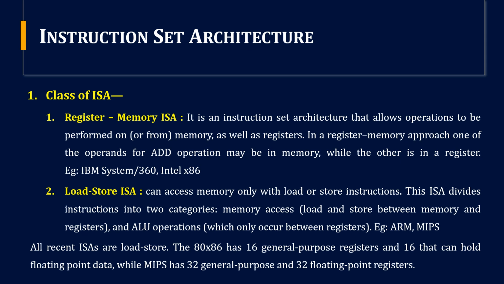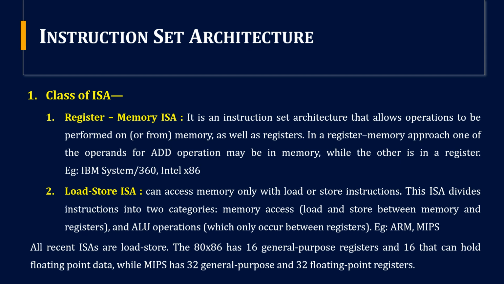The second type of ISA is load store ISA. In this instruction set architecture, memory can be accessed only using load or store instructions. So this ISA divides the instructions into two categories: memory access and ALU operations.